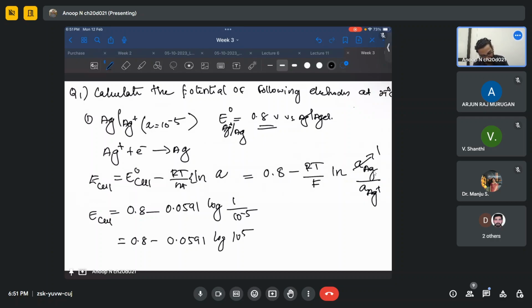Log 10 is 1, so it will be multiplied by 5 and by 0.0591, which is equal to 0.8 minus some value. You can calculate that. The answer will be 0.5045 volt versus SHE.